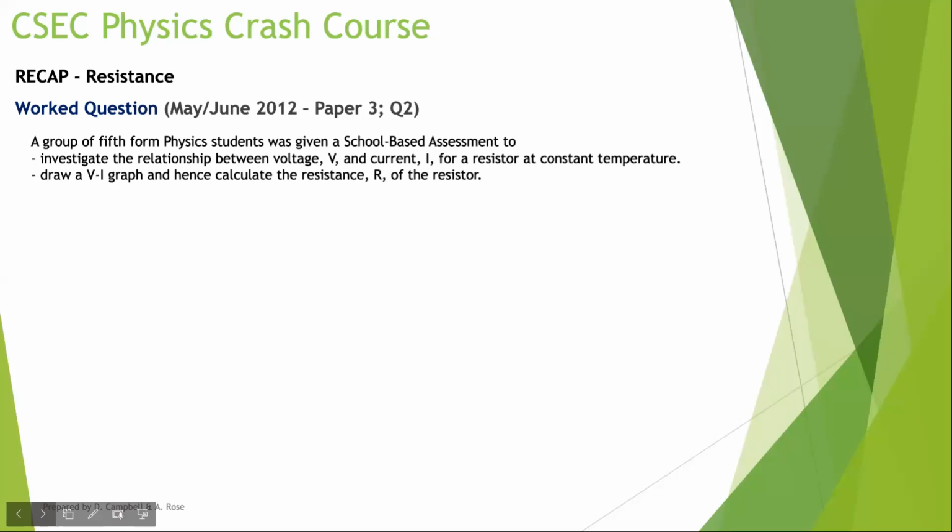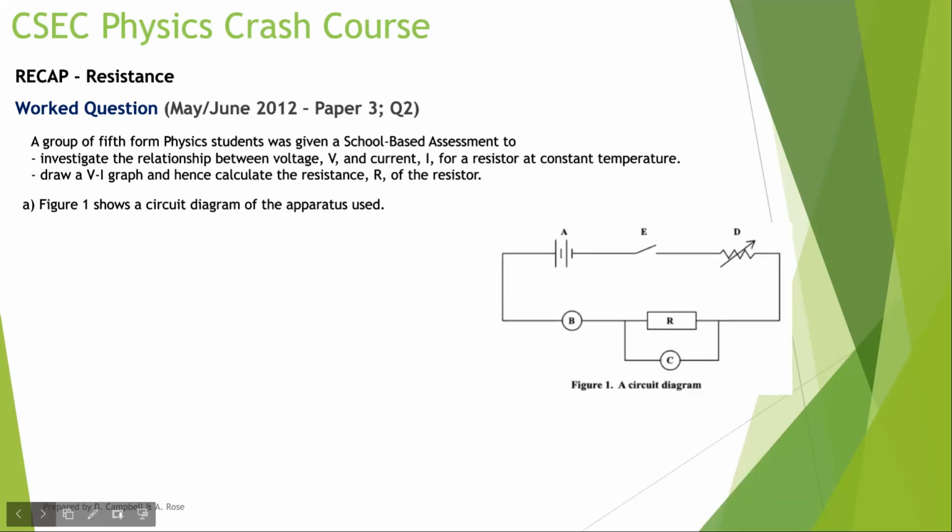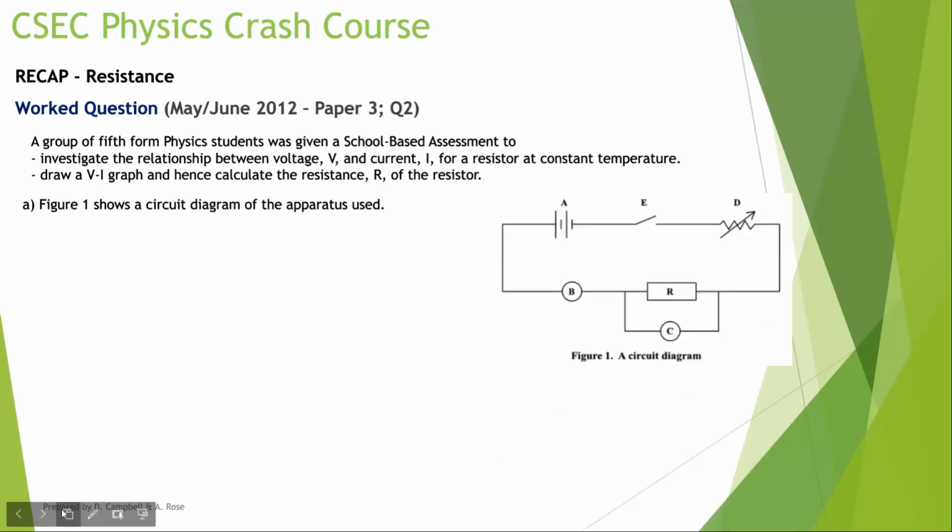A group of fifth form students was given a school-based assessment to investigate the relationship between voltage and current for a resistor at constant temperature. They were also asked to draw a voltage-current graph and therefore calculate the resistance of the resistor. Figure 1 shows a circuit diagram of the apparatus that was used to do the investigation.